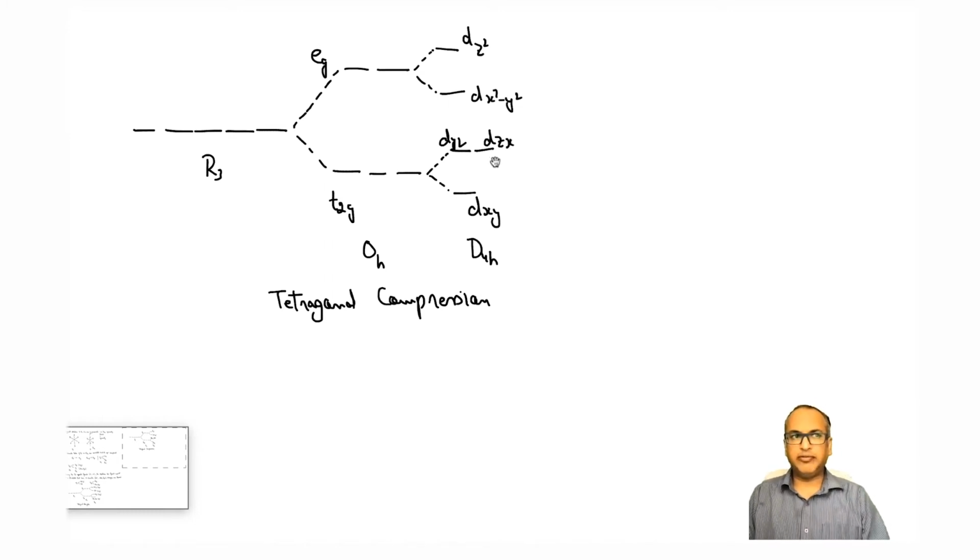So if there is a compression along z axis, there is elongation along xy axis. If there is compression along xy axis, there is elongation along z axis. That is to balance the loss of energy and gain of energy.